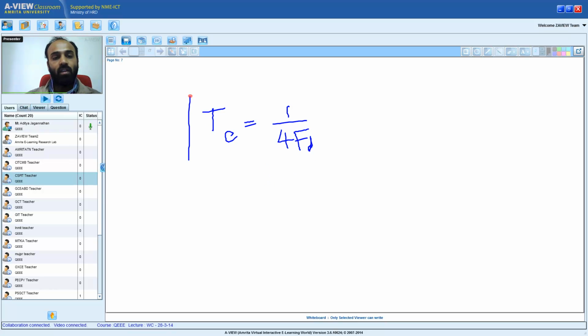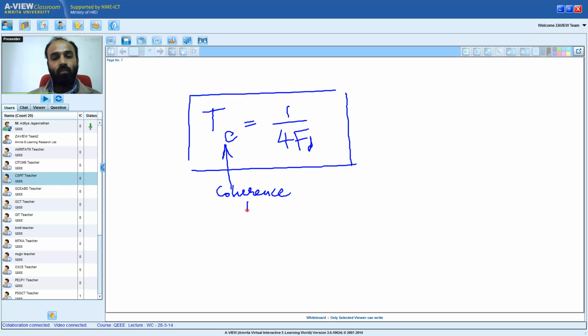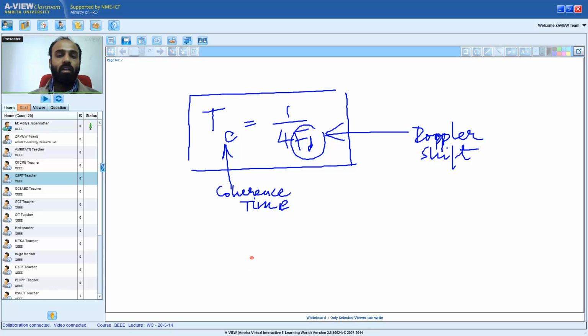So Tc equals 1 by 4 Fd. This is the coherence time. Fd is the Doppler shift.